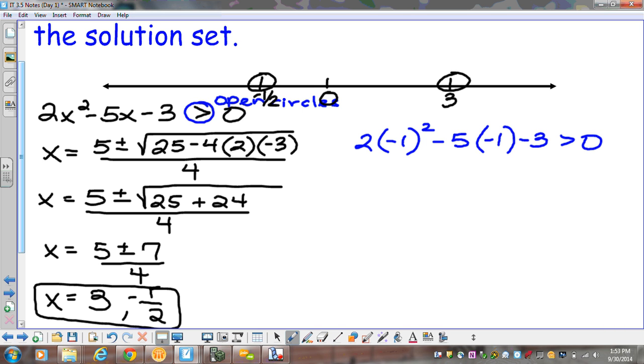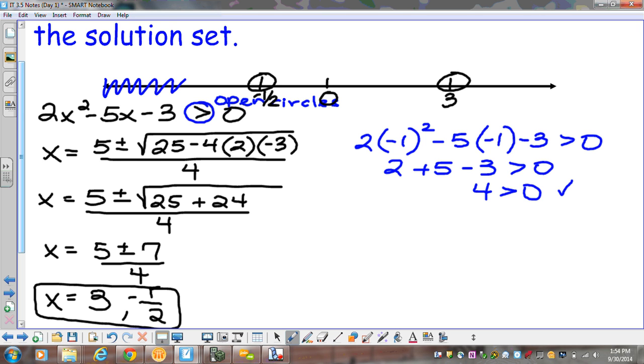We're checking to see if that is greater than 0. Now, negative 1 squared, 1. 1 times 2 is 2. What do we get here? Positive 5, and we get minus 3. So that's 7 minus 3, which is 4. Is 4 greater than 0? Yes, it is. You bet your bottom dollar.